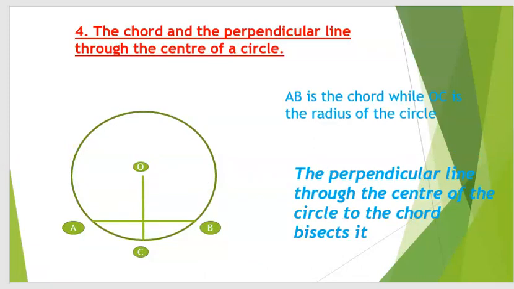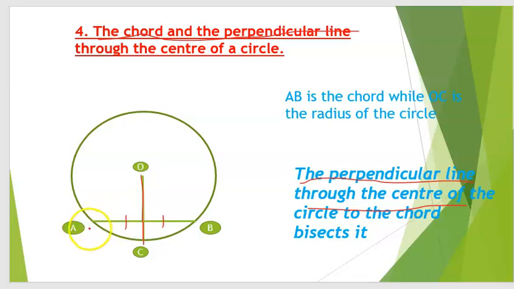The other one that I also want us to consider is the chord and the perpendicular line through the center of the circle. In most cases, if a perpendicular line through the center of the circle is drawn to the chord, it bisects the chord into two.